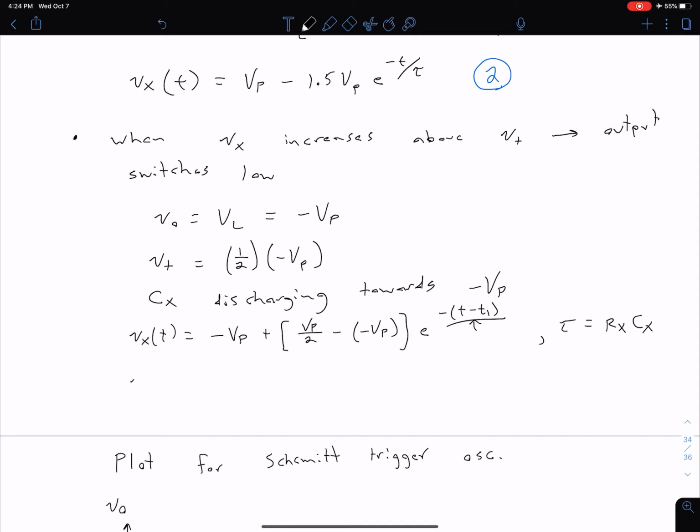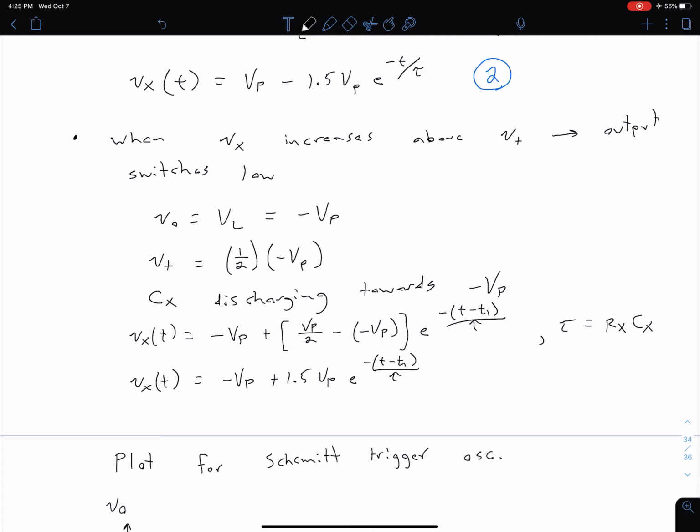Okay, so cleaning that up a little bit, I can say Vx of t is equal to negative Vp plus 1.5 Vp e to the minus t minus t1 divided by tau.